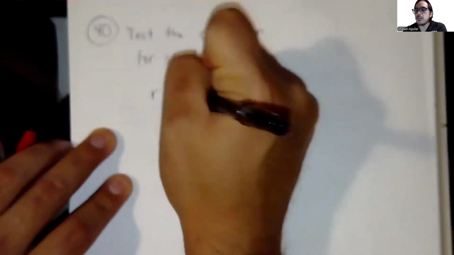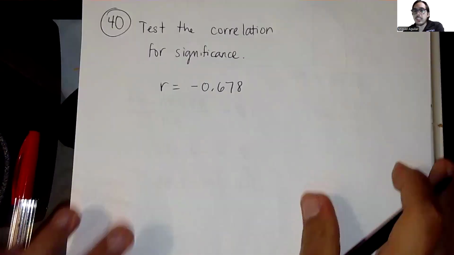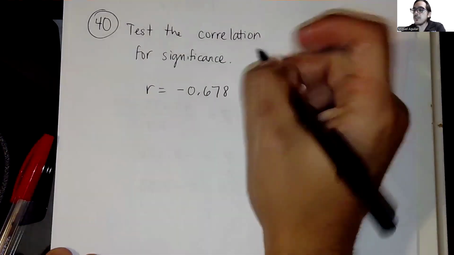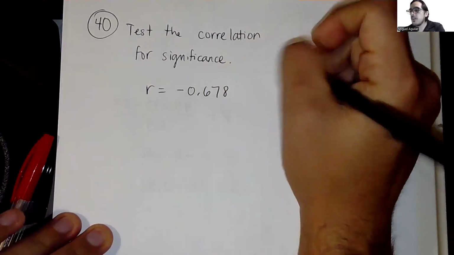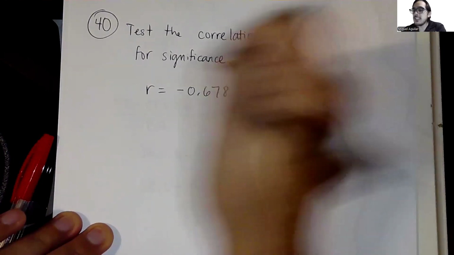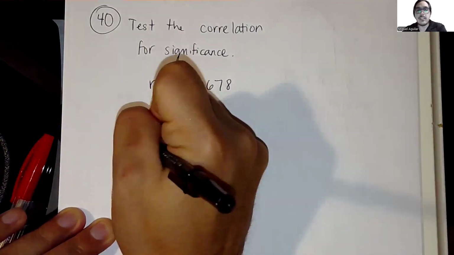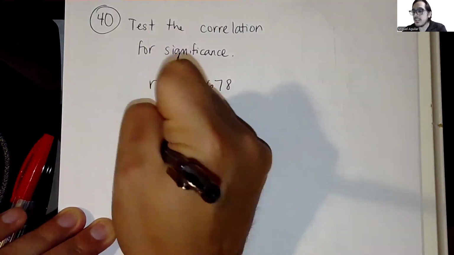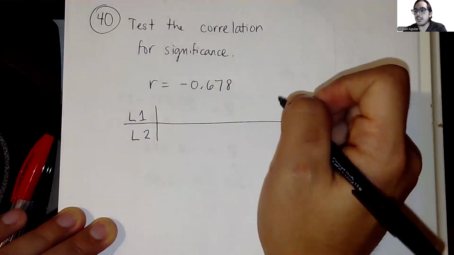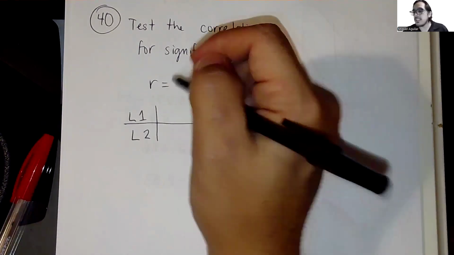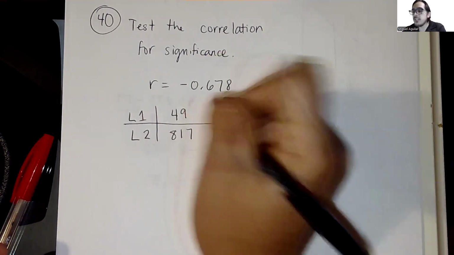So we have R is equal to -0.678 according to the problem. But what we're actually going to do is throw our data into the calculator. We're going to put the measles cases in L1, and the mumps cases in L2, and then type in our data. So we have 49 is related to 817.